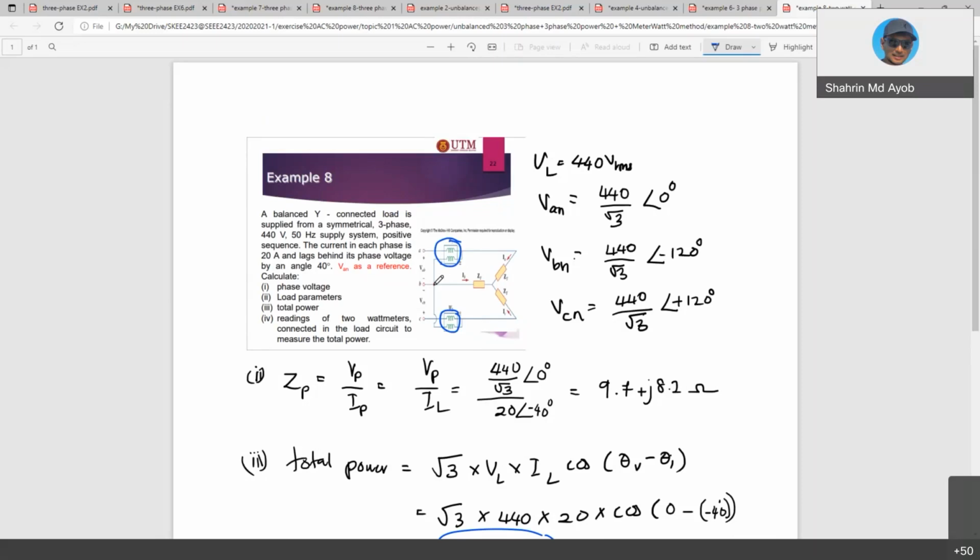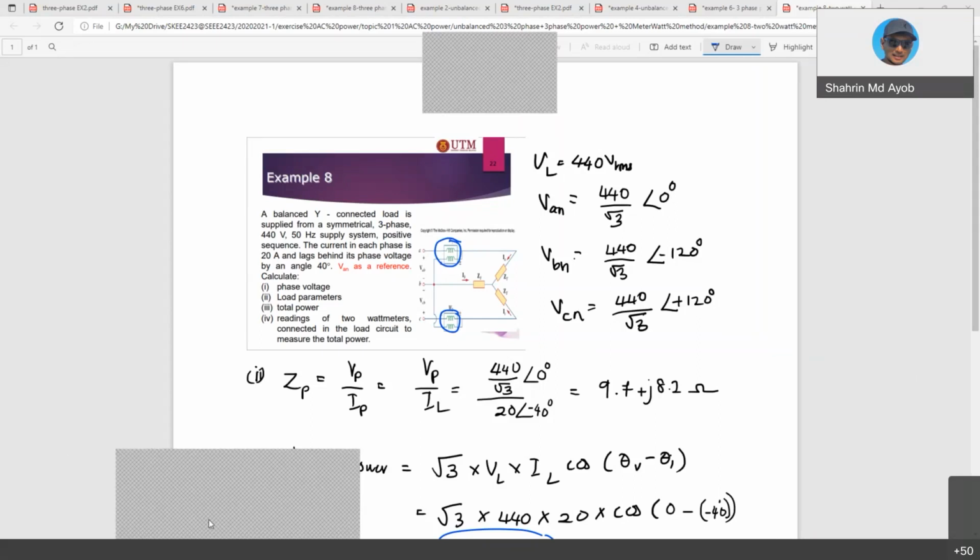Okay, so if there are any questions regarding the three phase, example 7 and 9. What do you mean, example 7 and 9 referring to unbalanced? Example 7 and 9 for the unbalanced. Let me see.